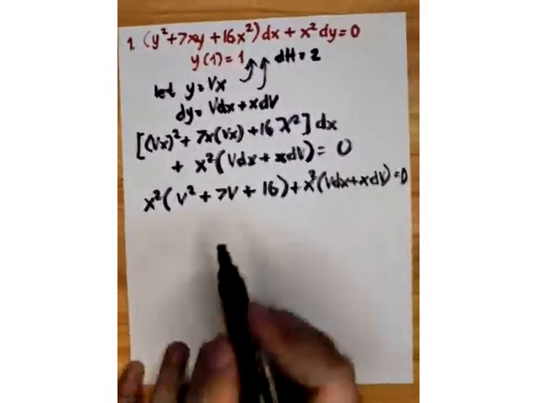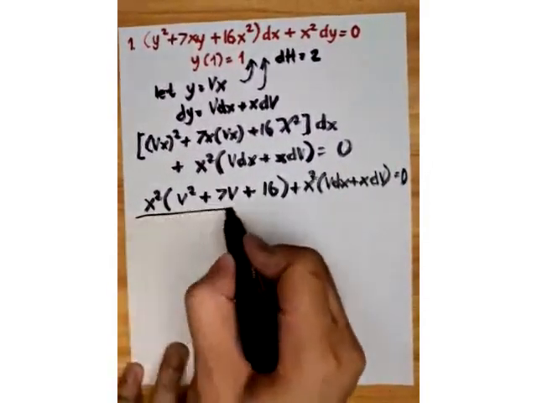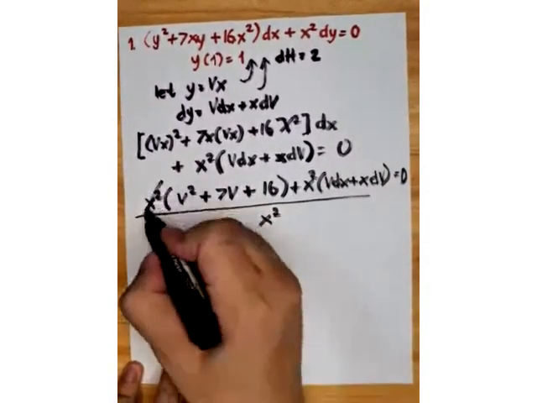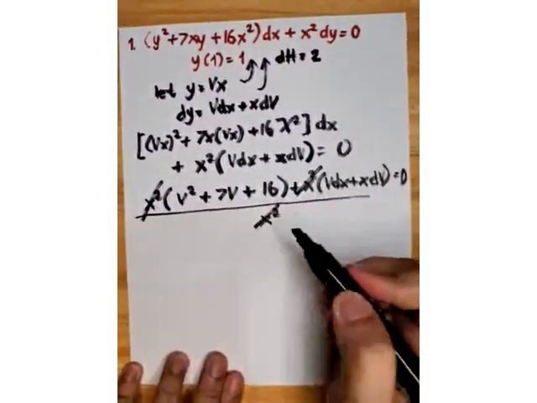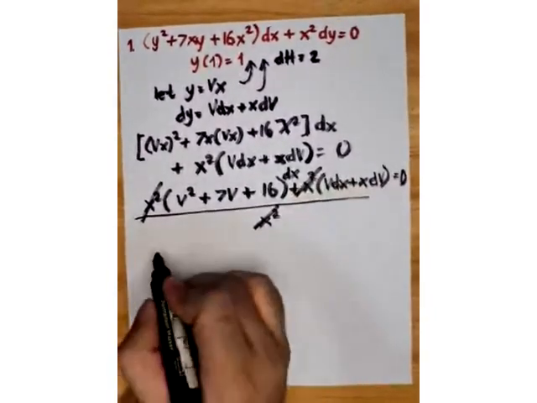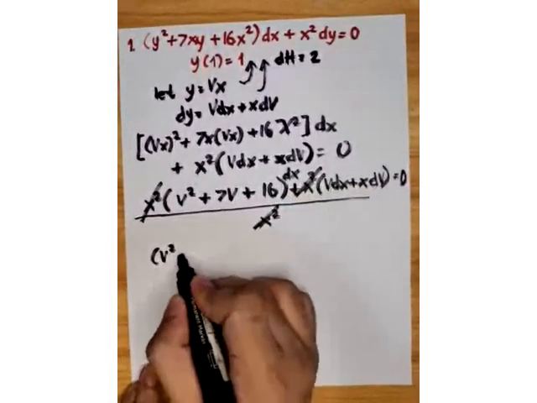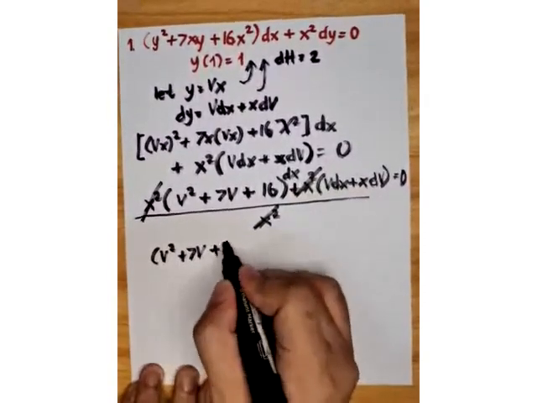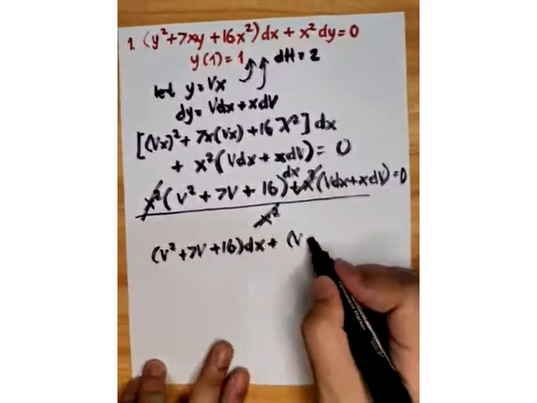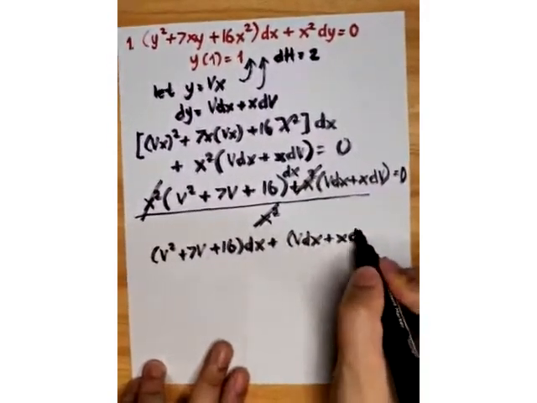Since we factored out x squared, we divide the whole equation by x squared to eliminate it. What remains is (v squared plus 7v plus 16) dx plus v dx plus x dv.